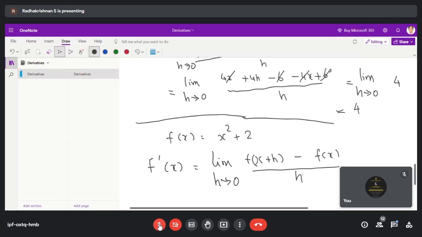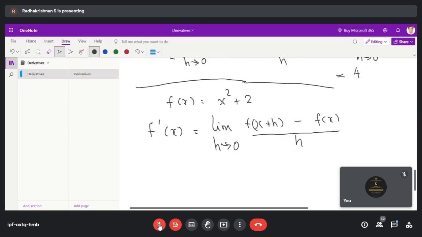So you have to substitute. Tell me what will happen if you substitute here? x plus h whole square plus 2.